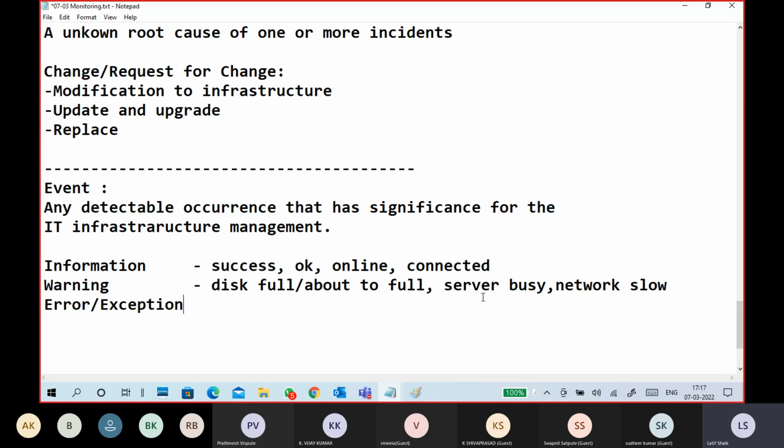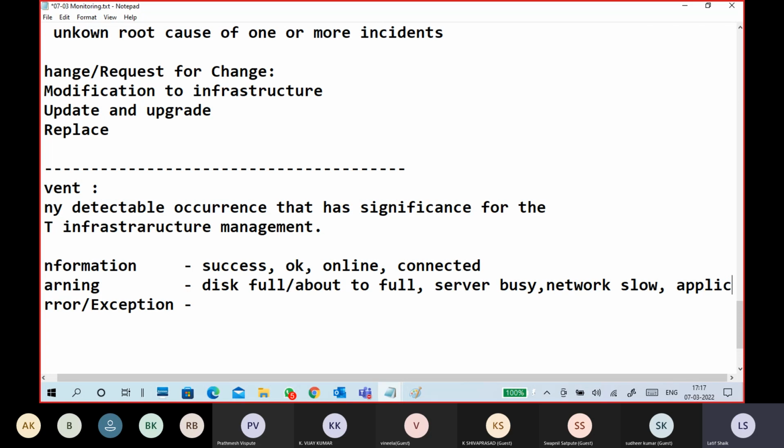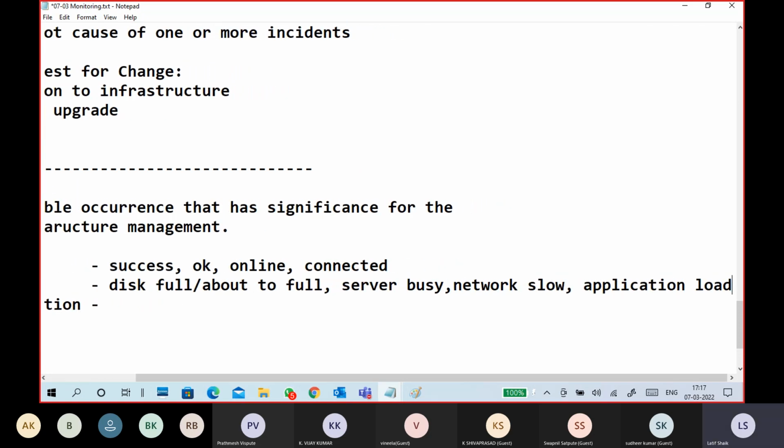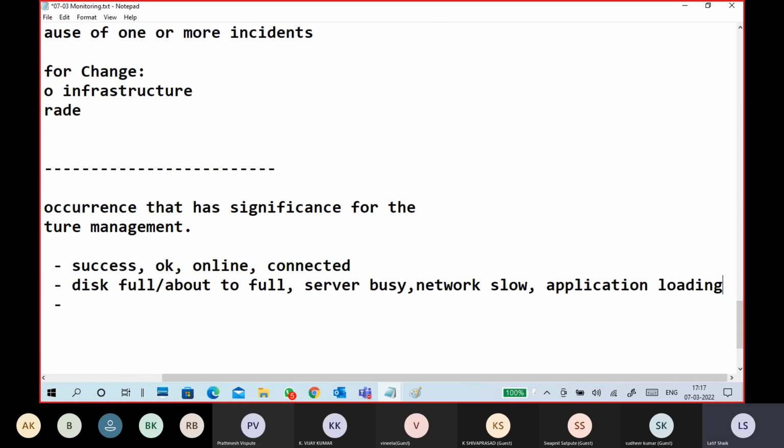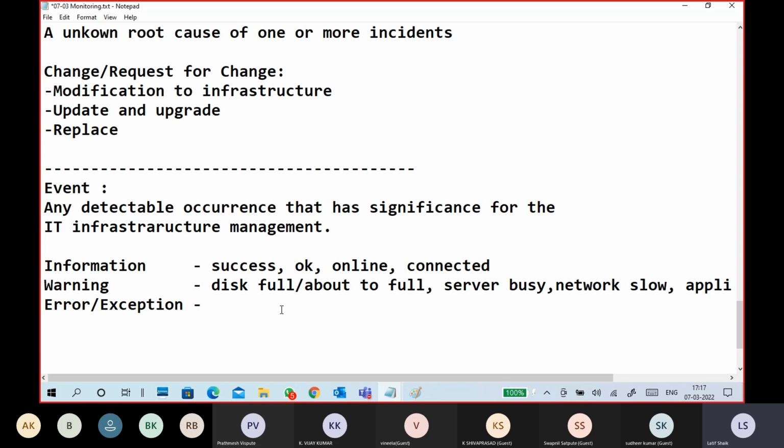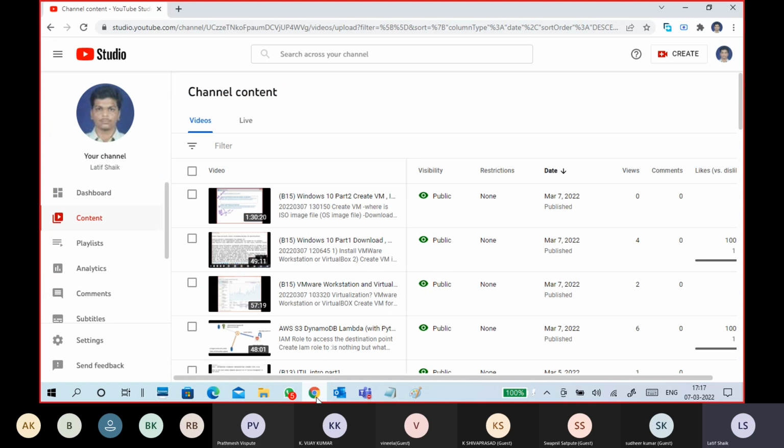Application loading slow, the time taken for application loading. The best examples for a warning are disk full and memory full.